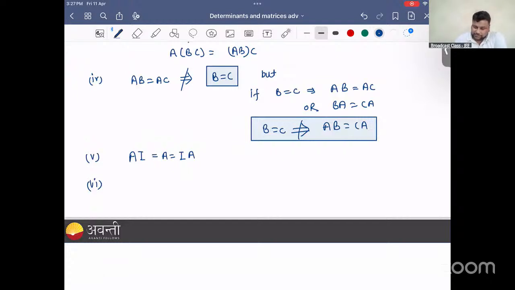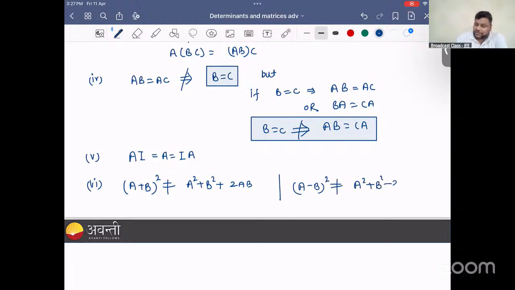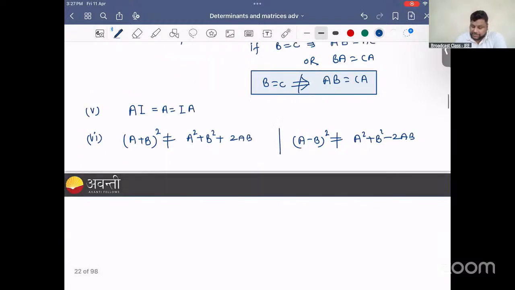Now, see, if you are doing A plus B whole square, it is not directly A square plus B square plus 2AB. Similarly, if you are doing A minus B whole square, it is not directly equal to A square plus B square minus 2AB. Why so? Because the main issue is, see, what is A plus B whole square?